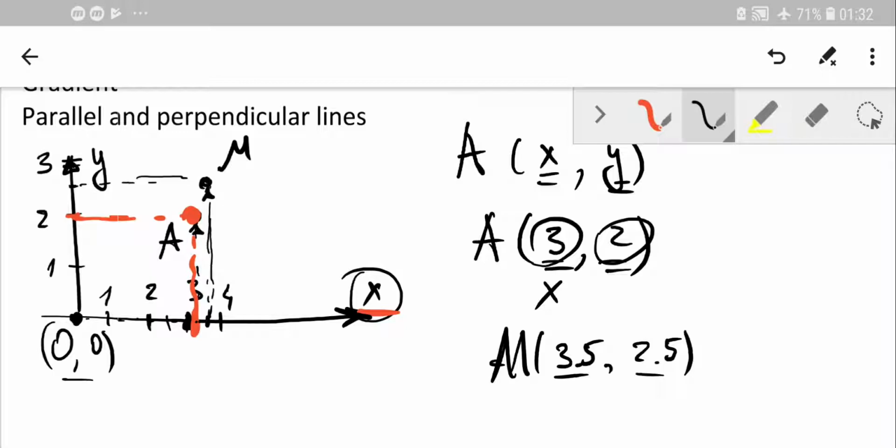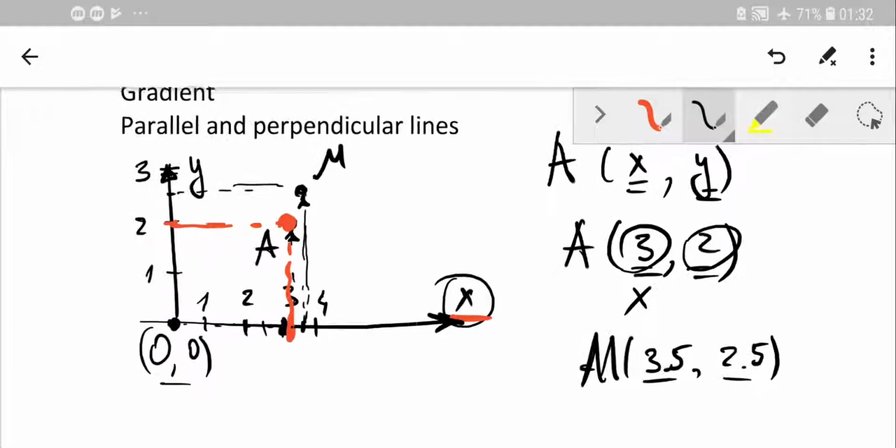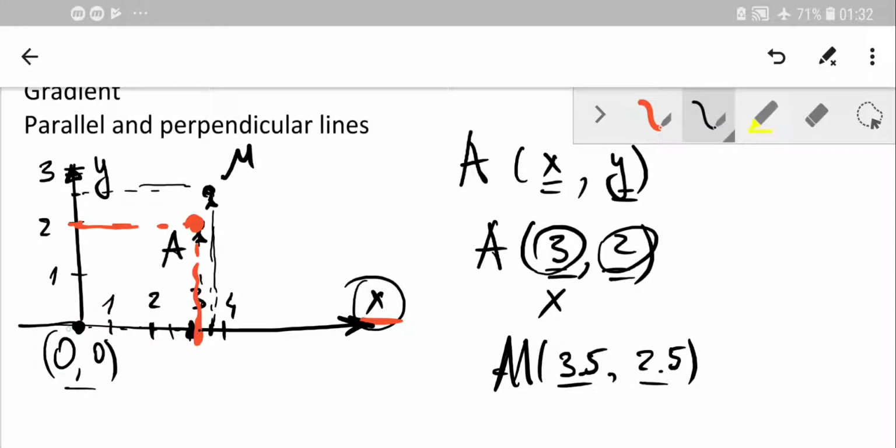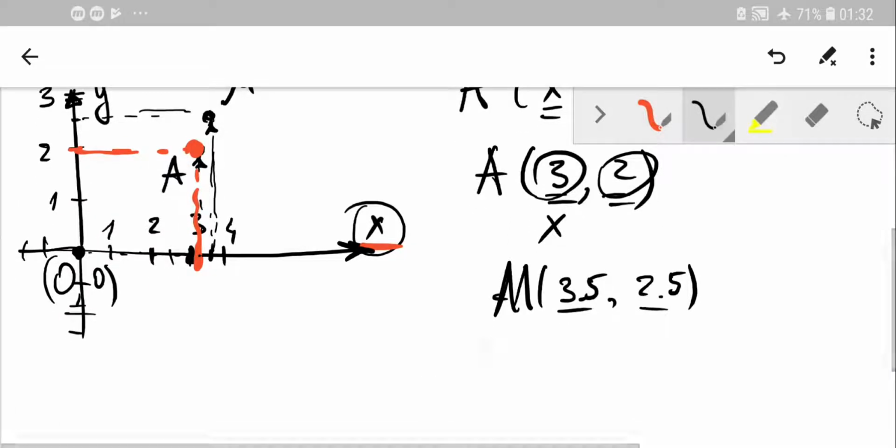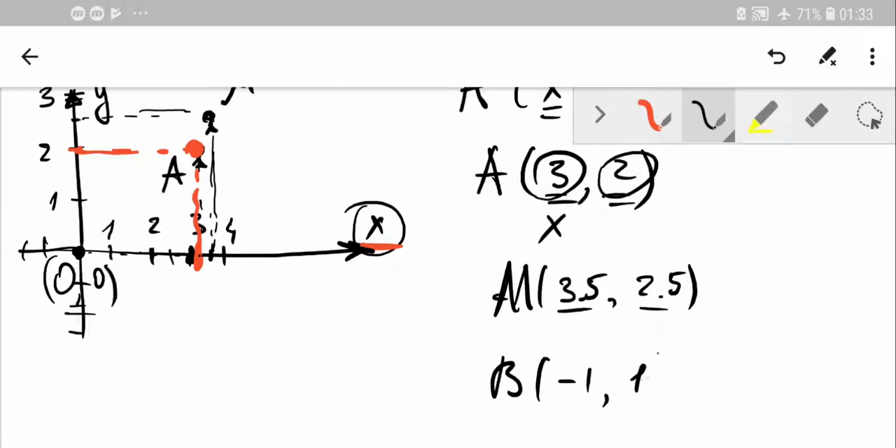That's M, that's A. All right, the coordinates might be negative. In this case, you just need to go backward. For example, this part of the x-axis is negative, as well as this part of the y-axis. Let's say you have point B with coordinates -1 and 1.